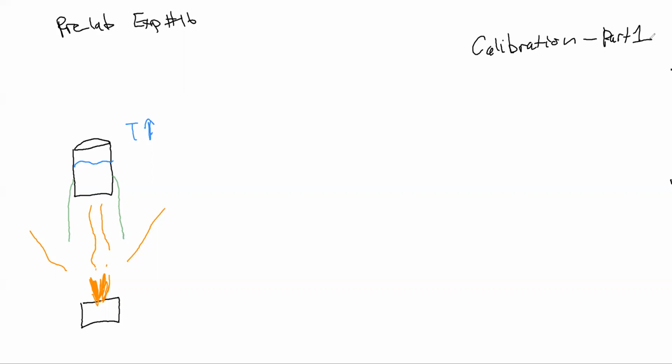We're going to burn that one and see how much heat the water gains. We'll use that for our calibration. And then we're going to do soybean oil in part two. In the pre-lab video, we're going to talk about the theory behind the experiment, and then in the next video, I'll give you the data for what you're going to use with it.